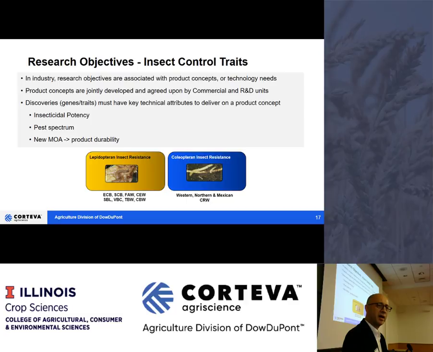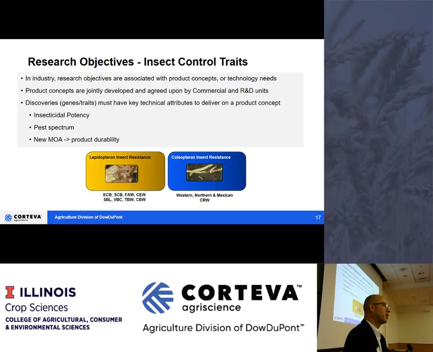And then these new discoveries, these new traits must have some technical attributes that we cannot get away from. And those have to do with the insecticidal potency. More and more, I come to realize that insecticidal potency is not necessarily the biggest obstacle.